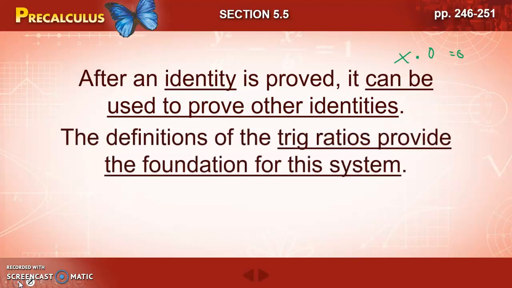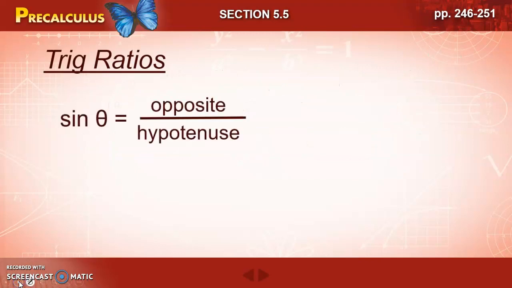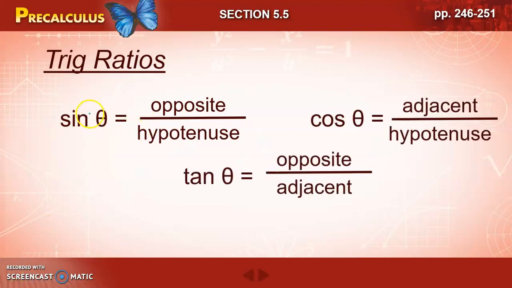Now, the proofs that we are going to do today are centered around trig ratios. And so it's really important that you know the definitions of the trig ratios, because these are going to provide the foundation for what we are doing today. So just as a quick reminder, we get our trig ratios using these acronyms. Sine is opposite over hypotenuse. The cosine of an angle is adjacent over hypotenuse.